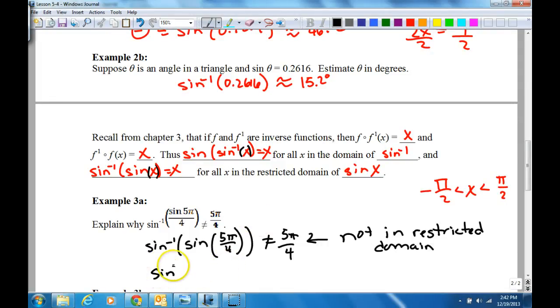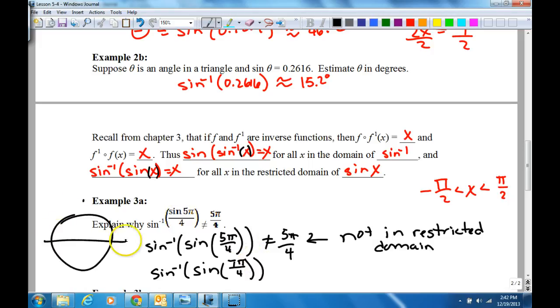Because 5 pi over 4 is in the third quadrant. And you need to make sure that the sine of that is in the same value range. So look, 5 pi over 4 is over here, right? Now, sine is the y value, so it's going to have to be negative.